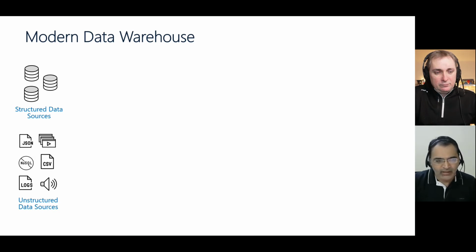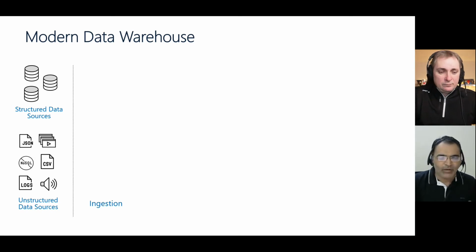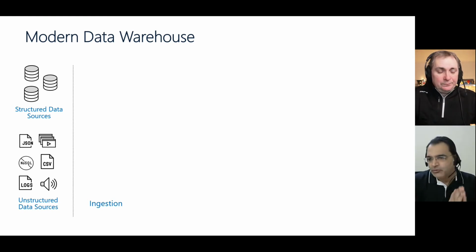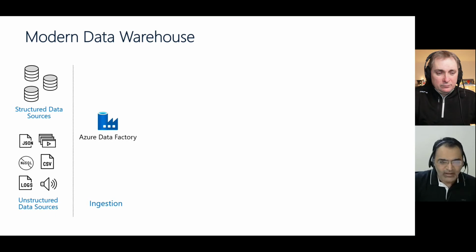As part of the modern data warehouse, the first thing that we do is the ingestion part. We want to bring this data into some kind of storage, or use a certain tool to get this data into storage, so that we have one single layer to hold that raw data. This is where we can use Azure Data Factory. I'm sure you know this part very well. Using Azure Data Factory, we can extract data from various different components and bring it into some kind of storage.